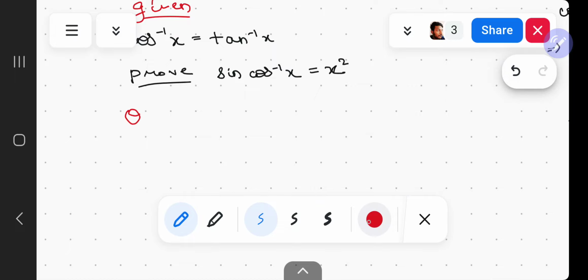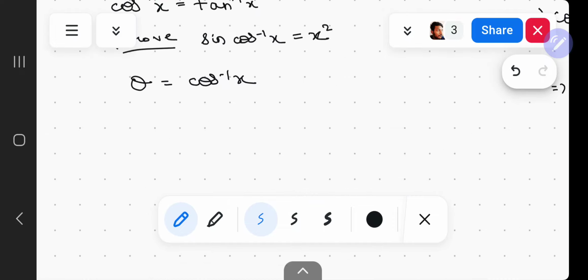So theta is equal to cos inverse x. We are starting from the left hand side. Then we will make it equal to the right hand side.